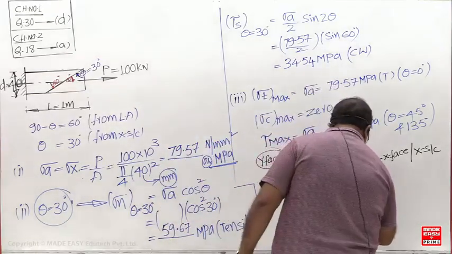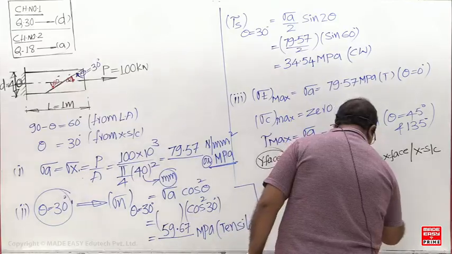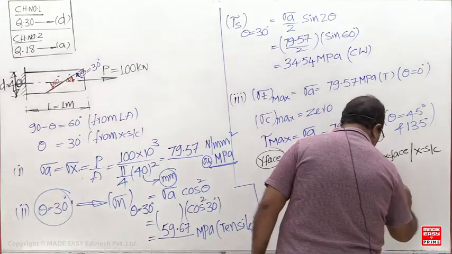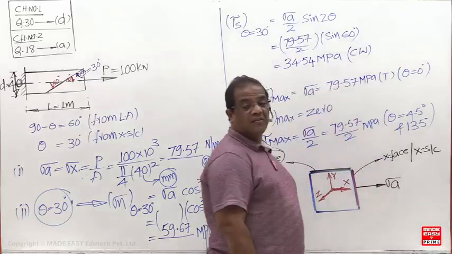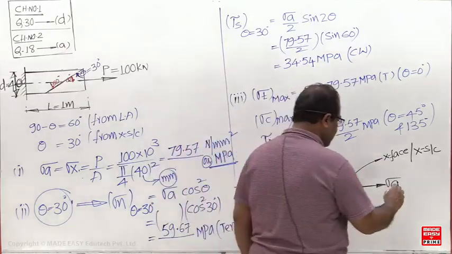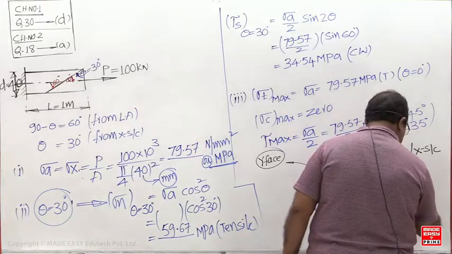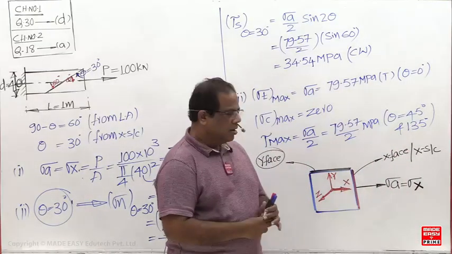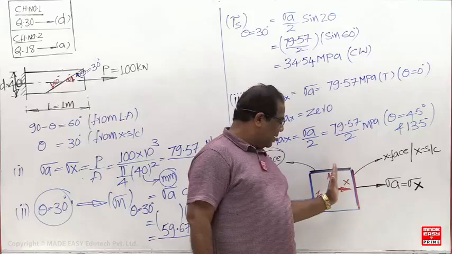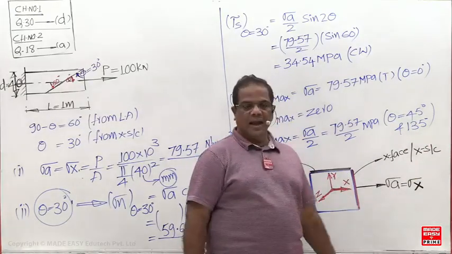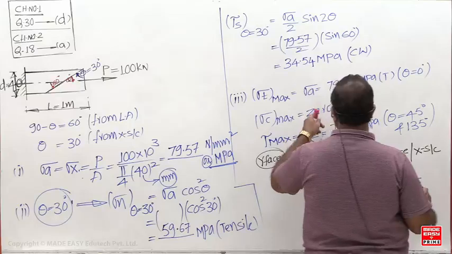So this is your axial stress. Axial stress is always perpendicular to the cross section. But this will become what? Sigma x. X means in which direction? In the x direction. This is in the x direction. Sigma x. How much value did you get for this?